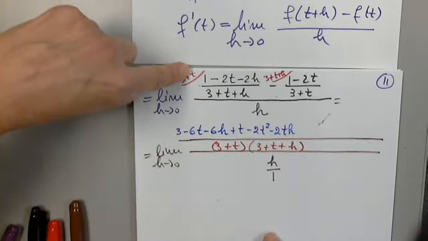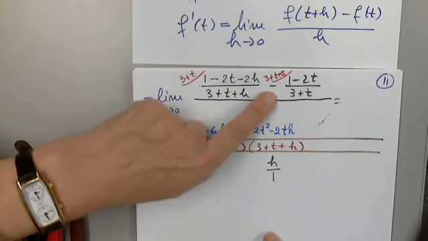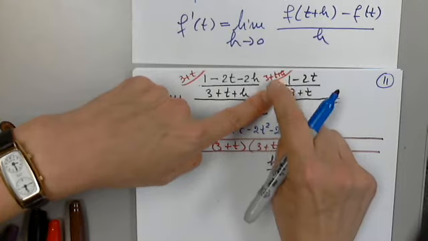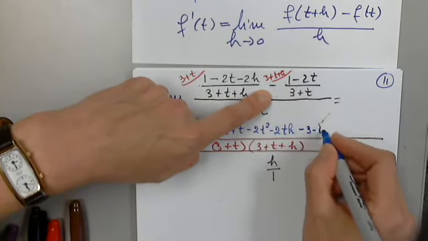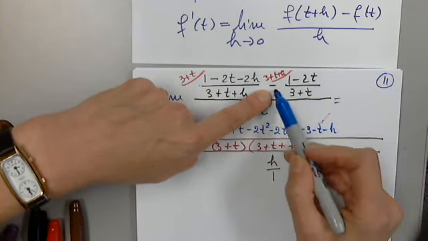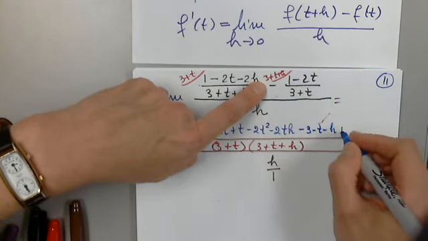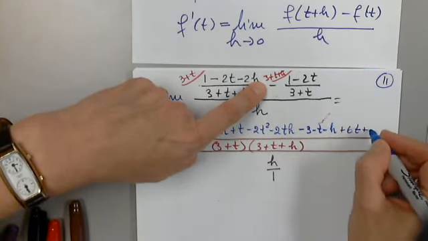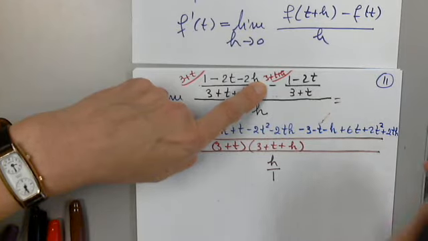So far so good? Do we have these 6 terms? Now I'm here with minus 1 distributed to all these, but I'm really distributing negative 1. Negative 3 minus t minus h. Now I have negative times negative 2t, which is 2t, so I'm distributing 2t, plus 6t plus 2t squared plus 2th.